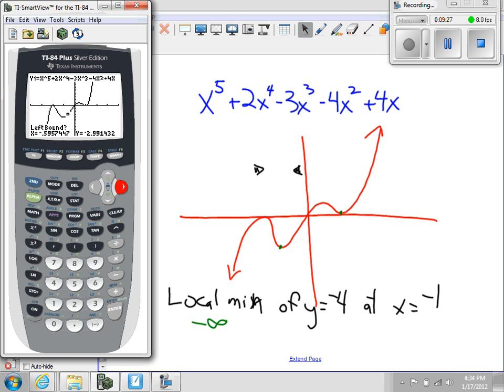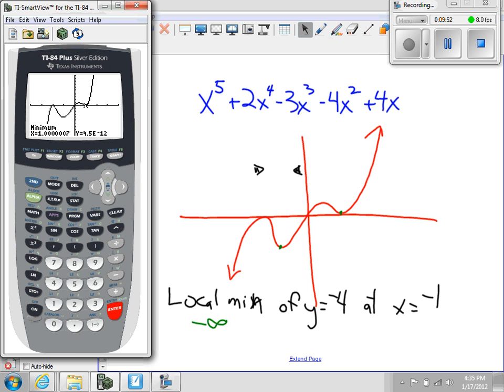Better yet, I'm going to do it closer to the interval. It would work from here, but I'm going to do my left bound at 0.5. That's my left bound. And I'm going to make my right bound at 2. So I can see my interval definitely covers my local minimum there. I don't want to make a guess.